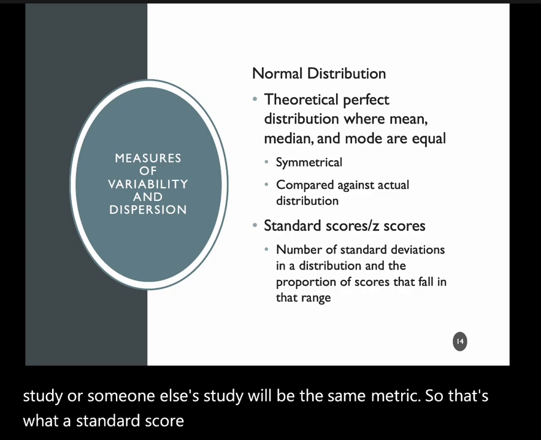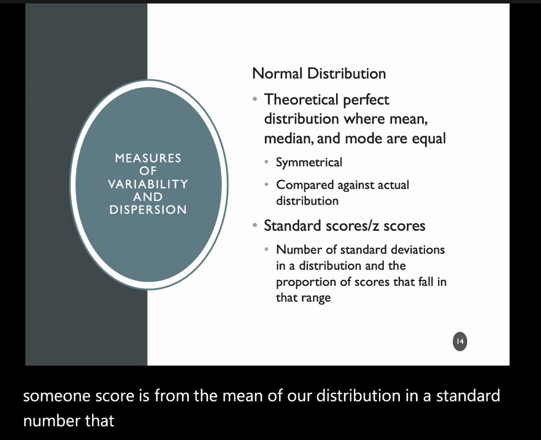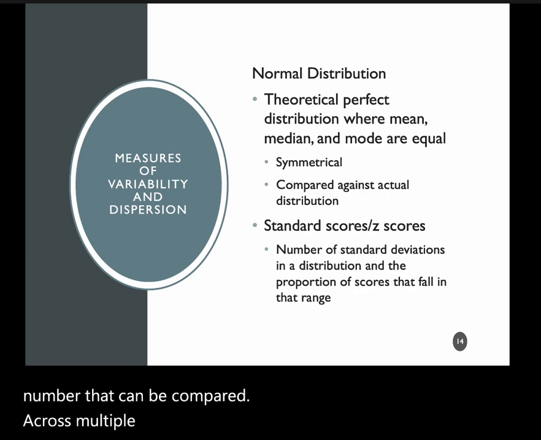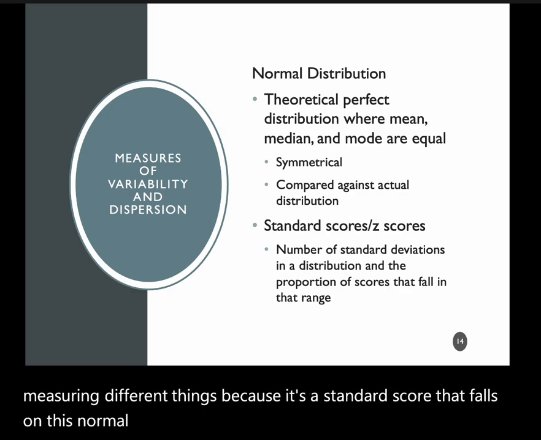It's a way of standardizing how far someone's score is from the mean of our distribution in a standard number that can be compared across multiple studies, multiple variables, even if they're measuring different things, because it's a standard score that falls on this normal distribution.